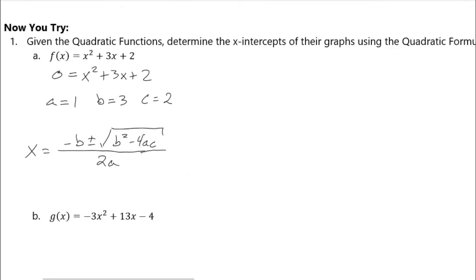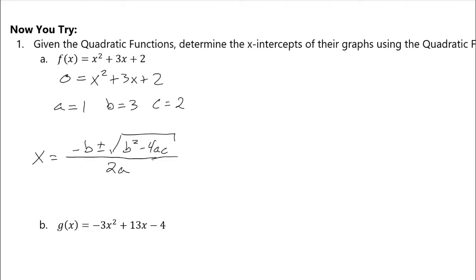So let's plug these values in. For this problem we have x equals negative b is 3, so minus 3, plus or minus the square root of b squared is 3 squared, minus 4 times a is 1 times c is 2.